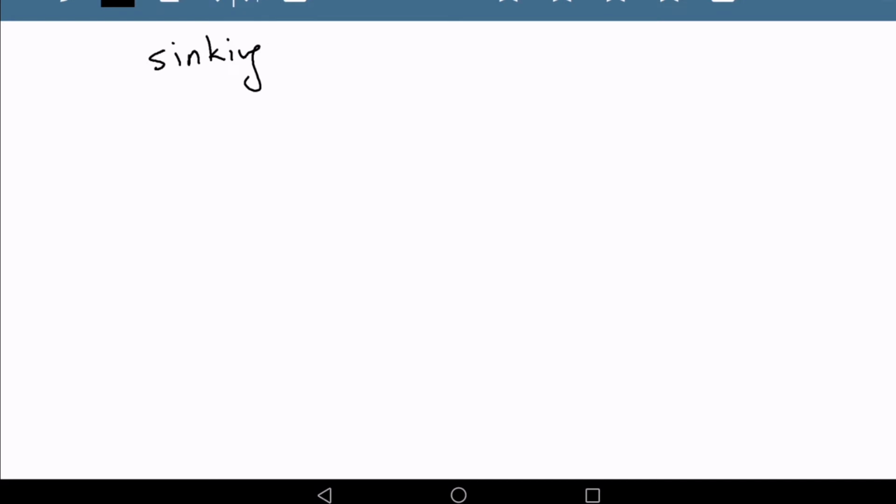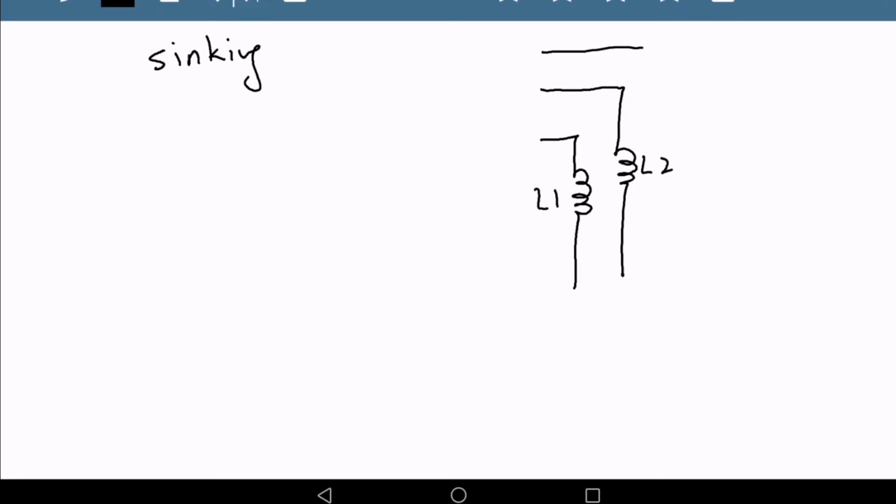How is syncing? I draw the similar. Okay, L1, L2, 3. Your common here. Common terminal of your PLC input module.